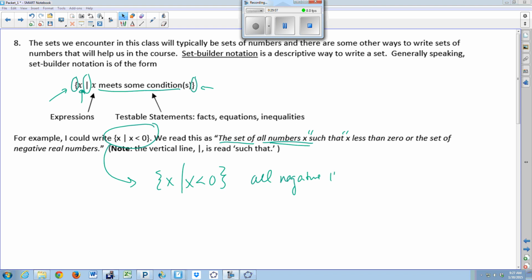Okay, so before we move on, could someone help me with set builder notation? How would I represent the set of all non-negative numbers? Moshe? Curly brackets x, line. Does everybody agree with that? All yeses?